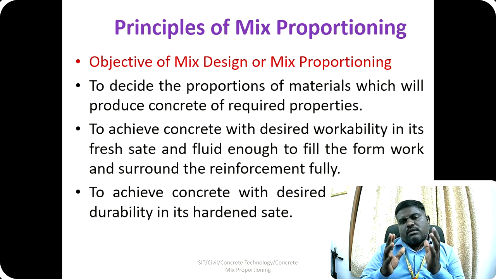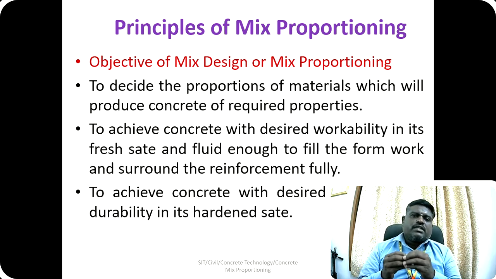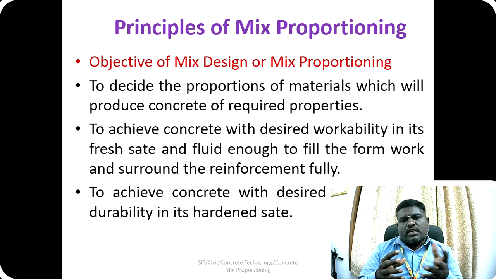The thing is, the binder material should have binding properties when it comes into contact with water, and these binders are responsible for achieving the strength of the concrete. Generally we use ordinary Portland cement in traditional concrete, but in recent days ordinary Portland cement is replaced by blended cement, by adding some pozzolanic material to enhance the properties of the concrete.